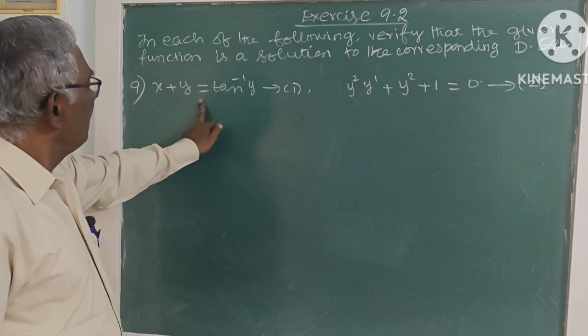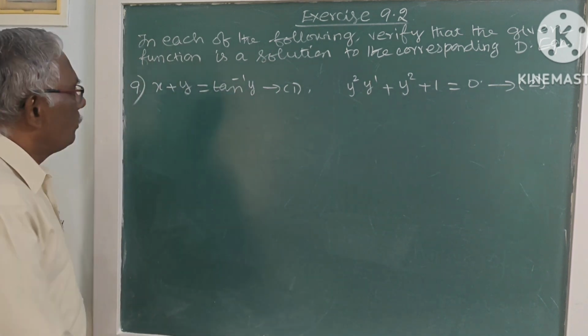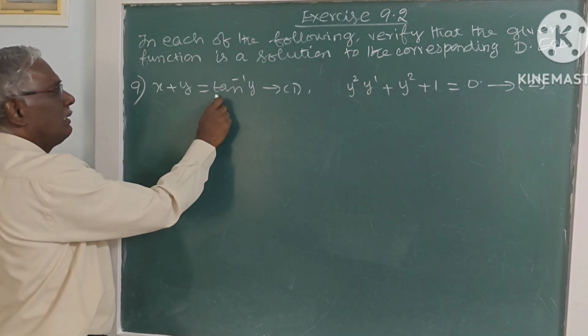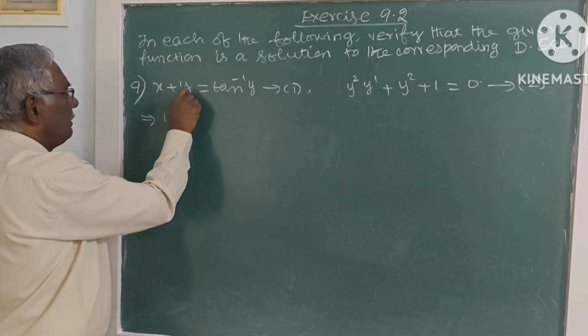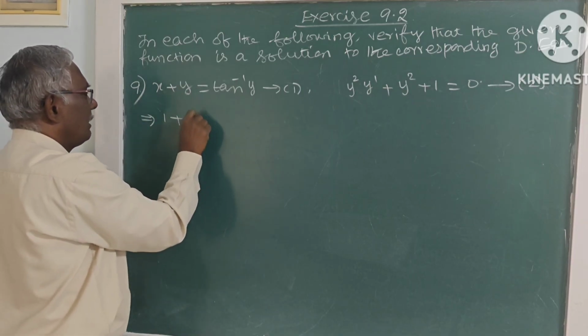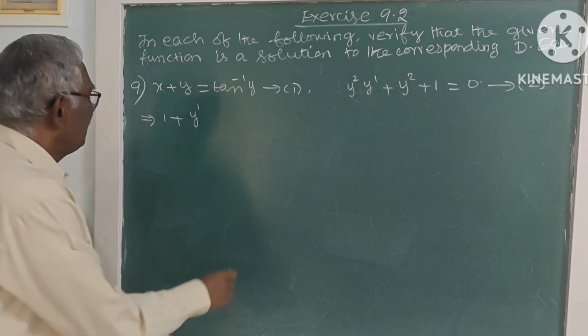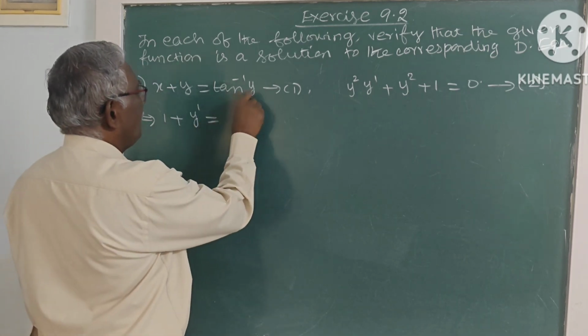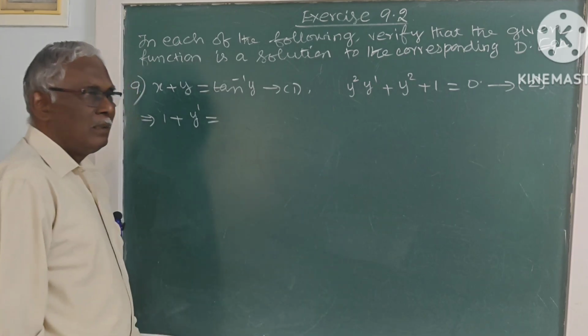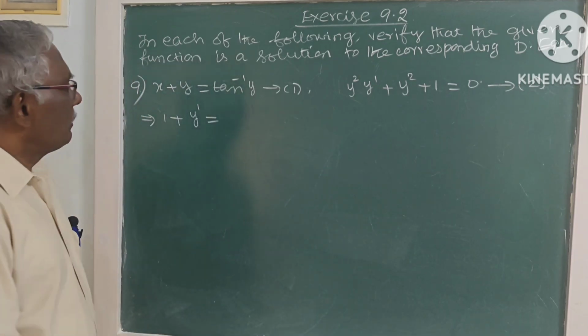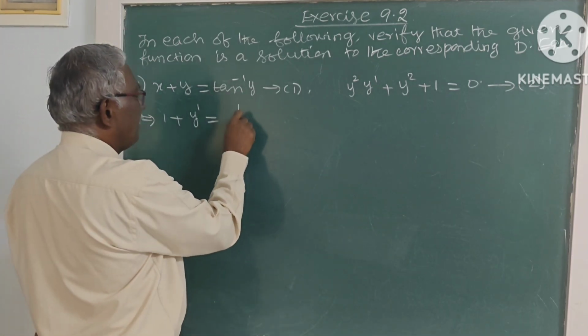y dash is there in the differential equation, so we have to differentiate with respect to x. We get 1 plus dy by dx is equal to 1 by 1 plus y square into dy by dx.